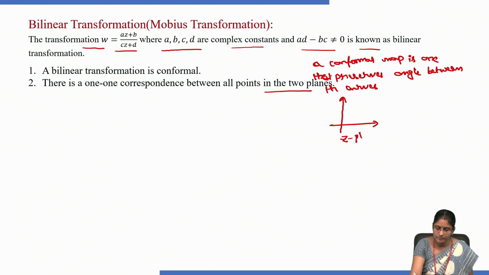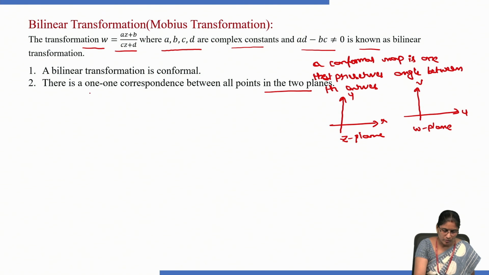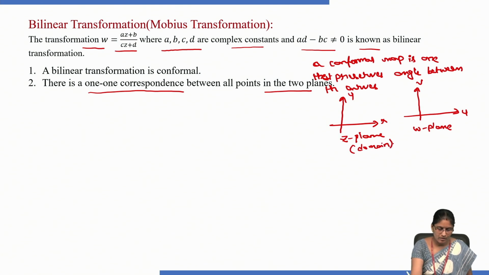One is Z plane and another one is W plane, with x-axis, y-axis, here it is U, V. That means each point in the Z plane, this is domain, has unique image in W plane, codomain, and vice versa.